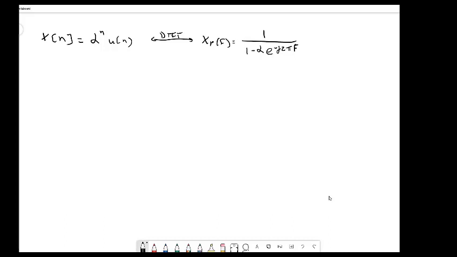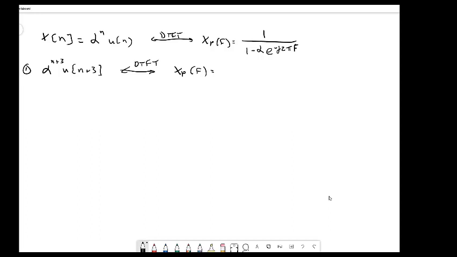Now, as an example of using our time shift, we could ask, what's the discrete time Fourier transform of alpha to the n plus 3, u of n plus 3? We want to know what's the discrete time Fourier transform of that.